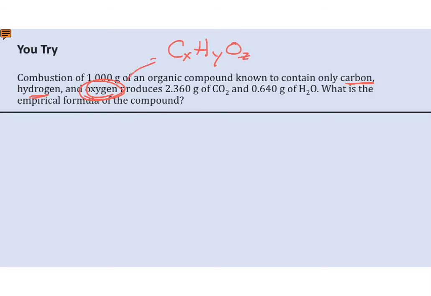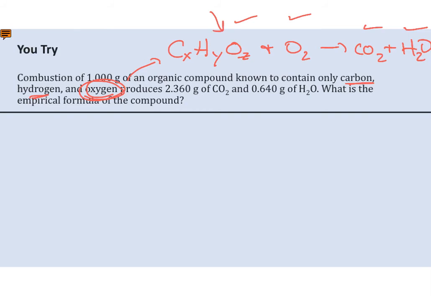Because they said there's oxygen. But it still makes the same products, okay? It still makes carbon dioxide and water. But oxygen is present in every single substance, so we cannot do a nice, neat, straightforward stoichiometry calculation to figure out how much oxygen was in the original product.